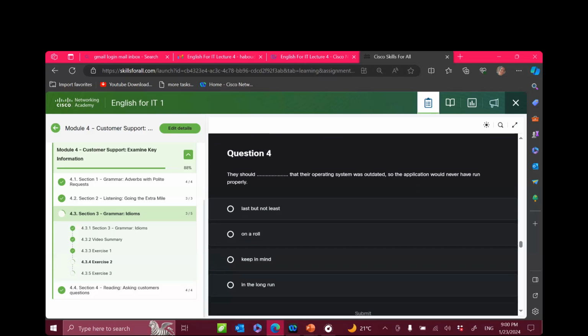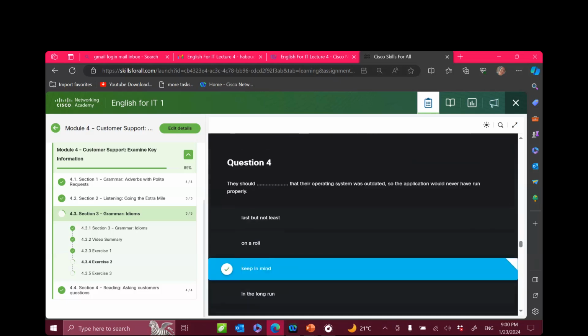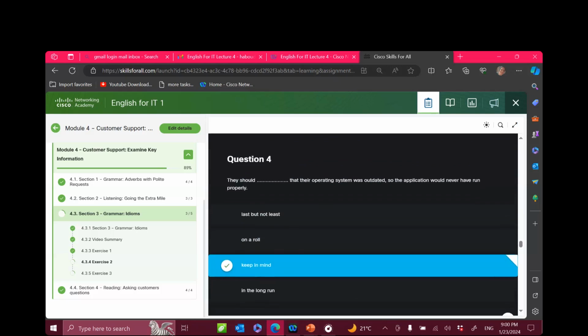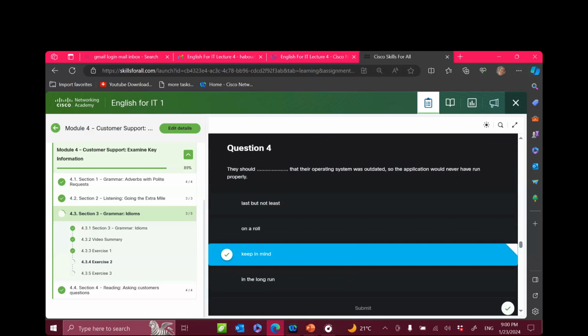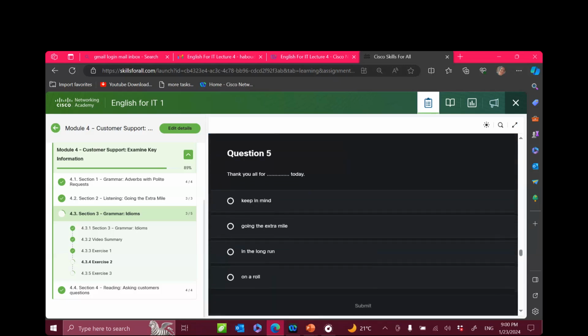They should keep in mind that their operating system was outdated, so the application would never have run properly.